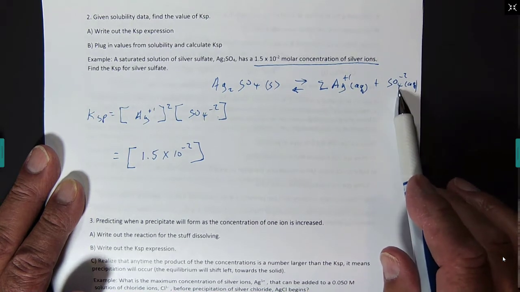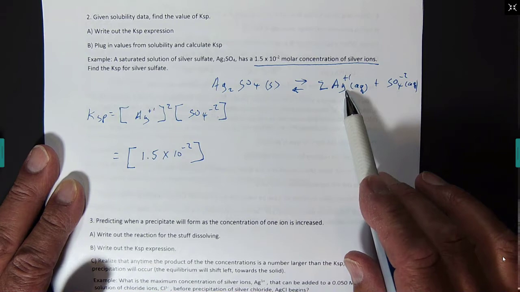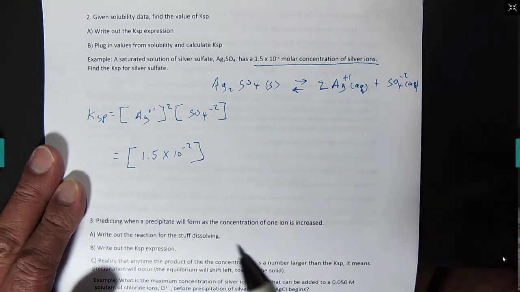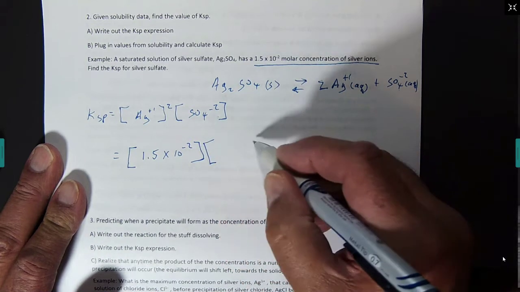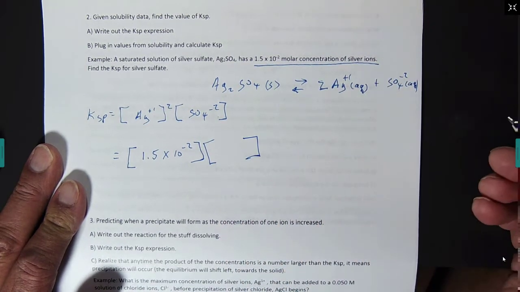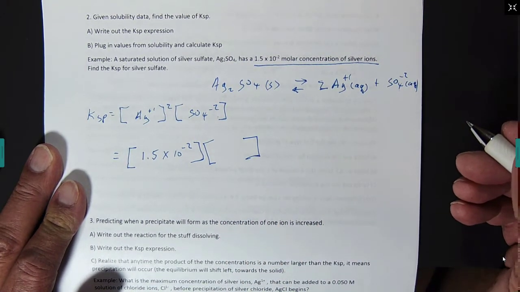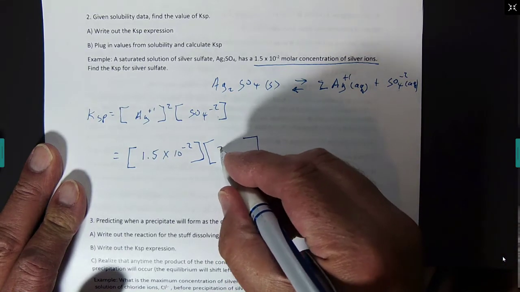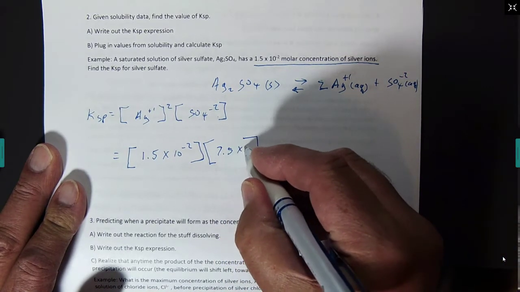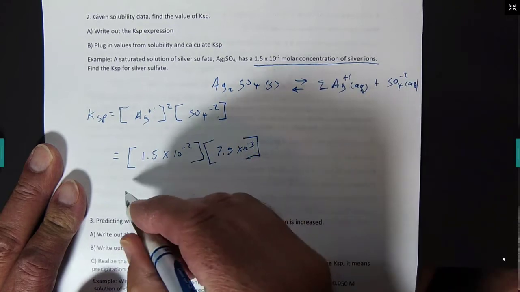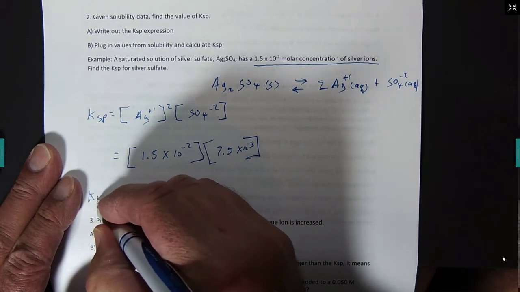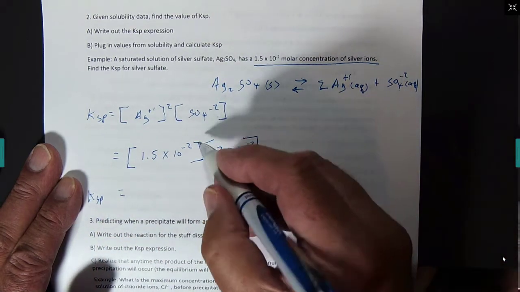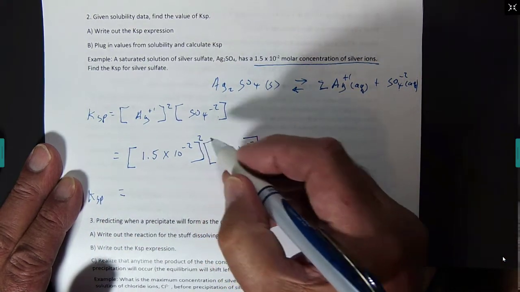This number is going to be half as much as this one, right? I'm going to go ahead and work it, then I'll show you how I'm doing that in my head. So the concentration of the sulfate is going to be 7.5 times 10 to the minus 3rd. Crunch out these numbers, and you'll find your Ksp. Oh yeah, I almost forgot. Got to square that one there, right?